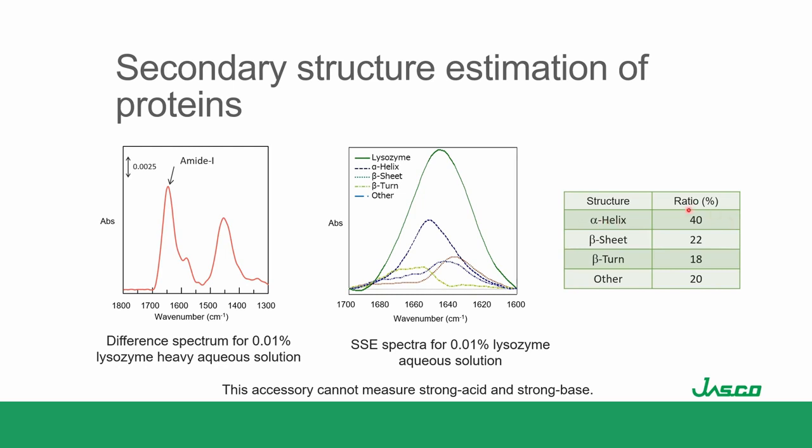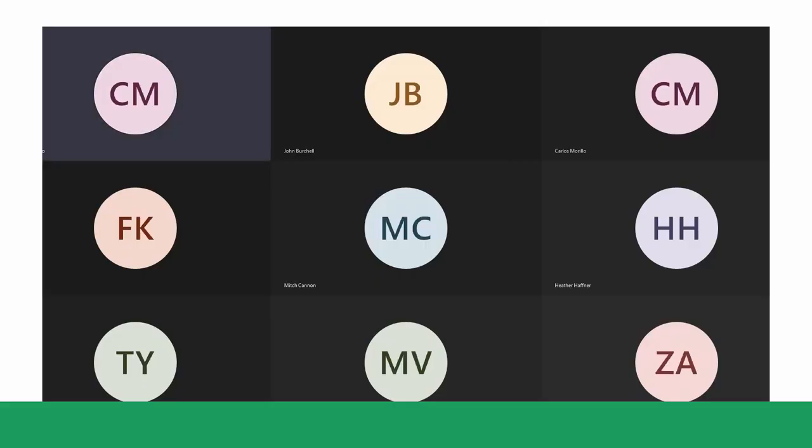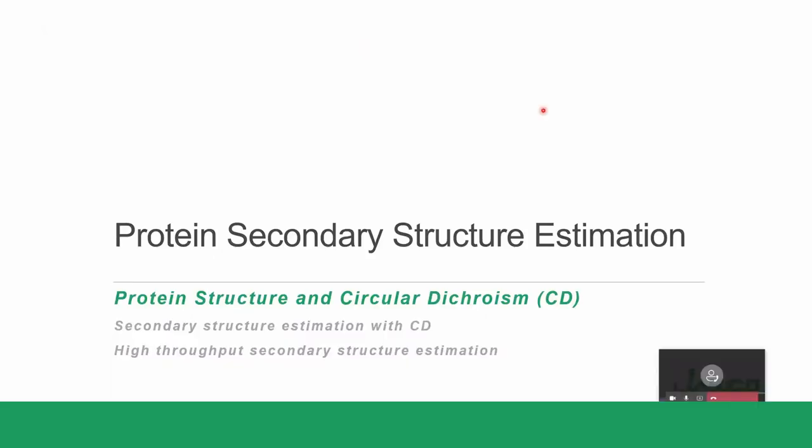And actually, lysozyme is a protein that is rich in alpha helix. With this, that is the part related to IR. I'm going to pass the presentation now to Dr. Forrest.